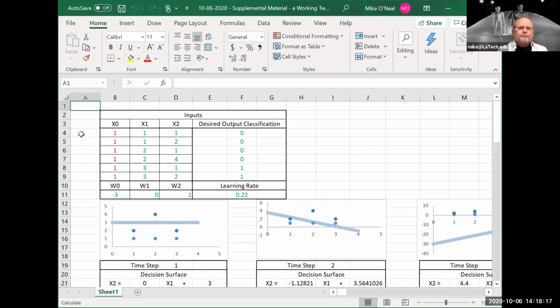Okay. And here is a spreadsheet that implements the little problem that we gave in class last time. It's the problem where you have, well, let me switch to the other screen so I can show you the problem again.